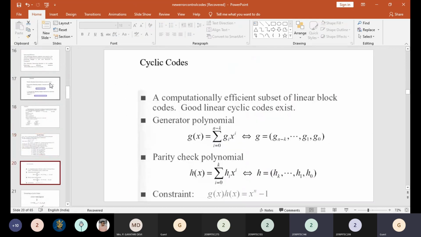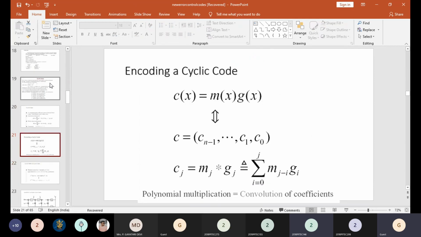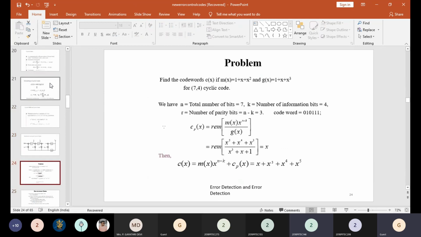Whether linear block codes, cyclic codes, convolutional codes, or whatever the type of code, they are used for error detection and error correction.